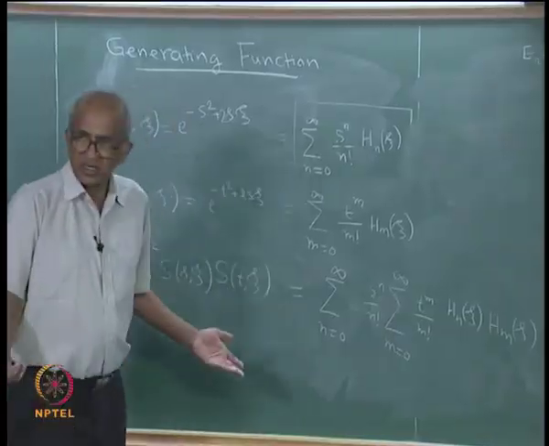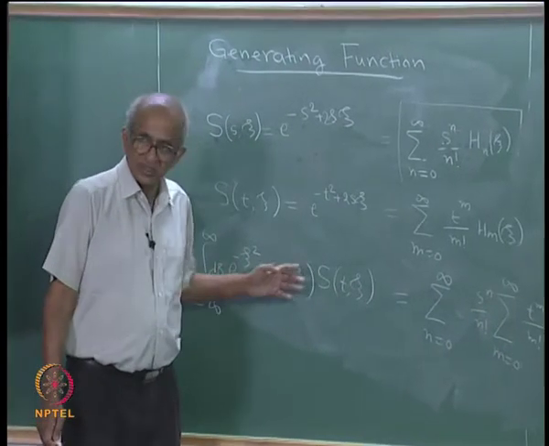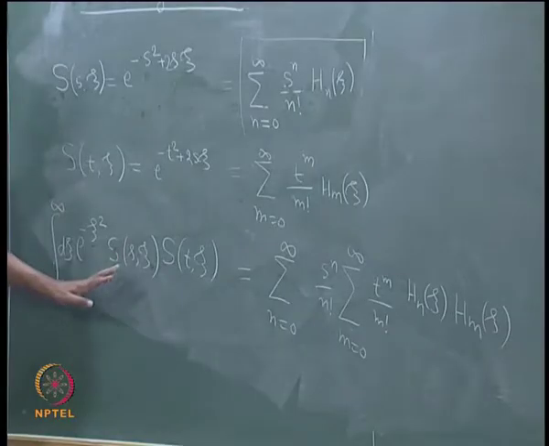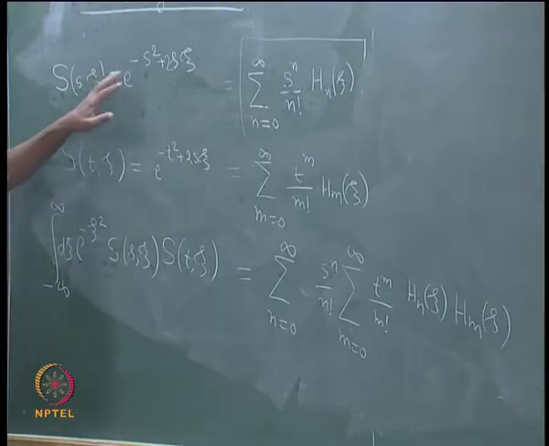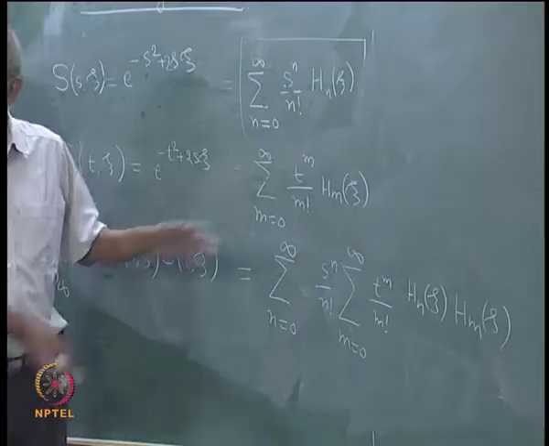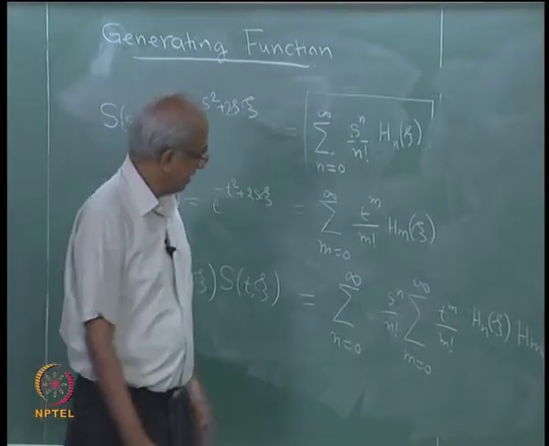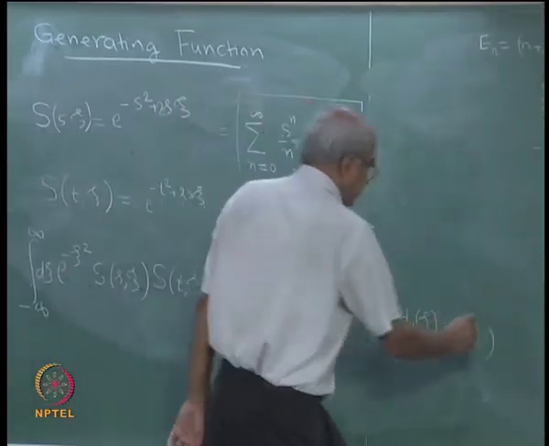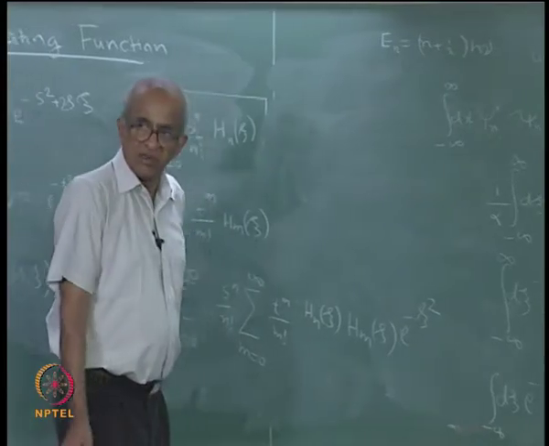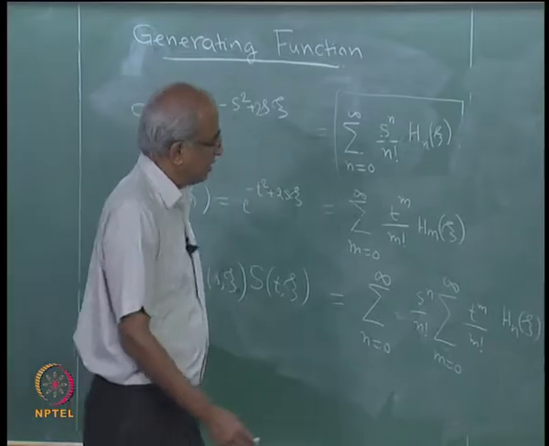All that I have done is I have just substituted the expansions for these two, with no manipulations, nothing more. This is defined to be equal to that, while that is defined to be equal to that. So, just multiply the two together and you get this result, and then of course, you will have to put an e to the power of minus c square, because you have to have that.